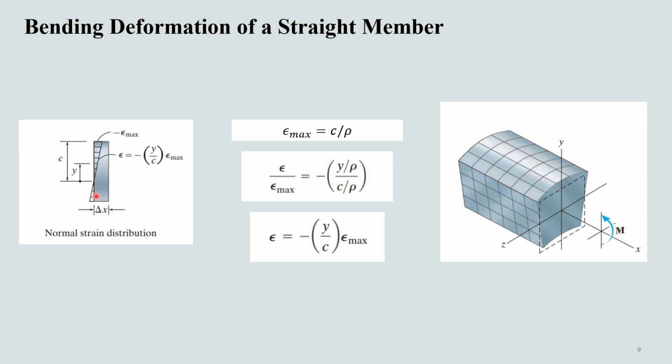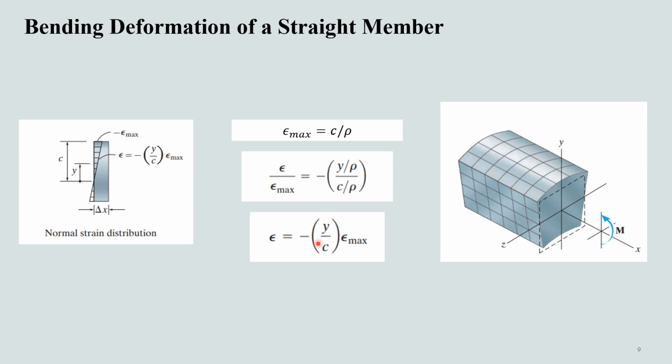The maximum strain occurs at the outermost fiber located at a distance y equal to c from the neutral axis. Since maximum strain is equal to c over rho, from the similarity of triangles we can come up with this formula for strain at any location along this axis.